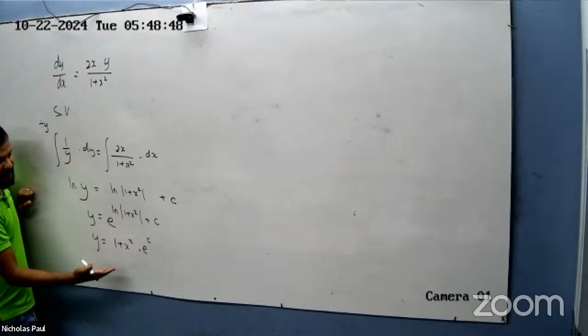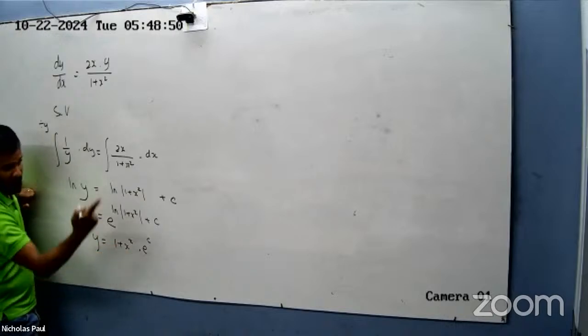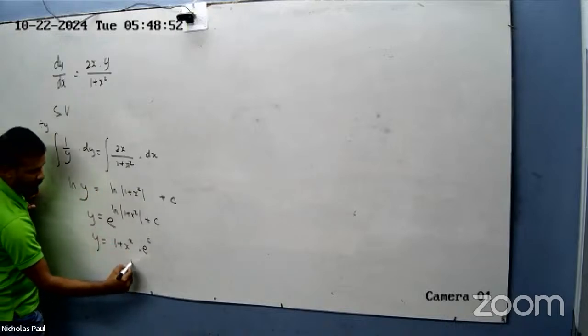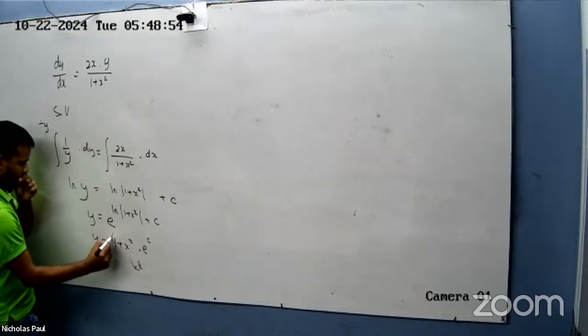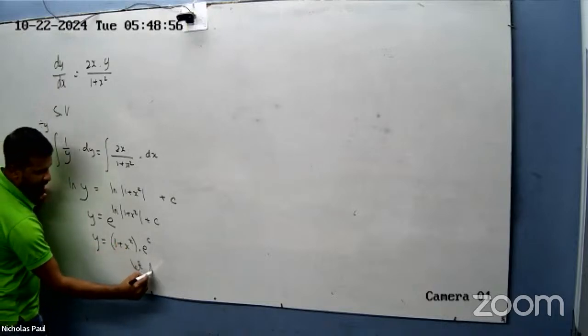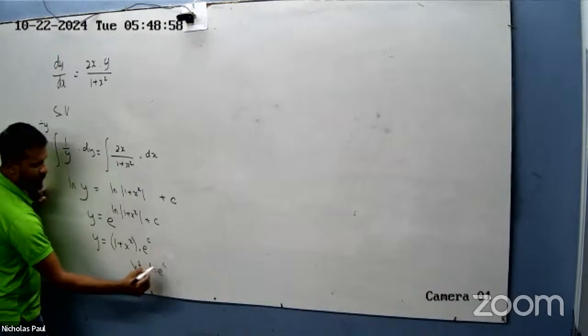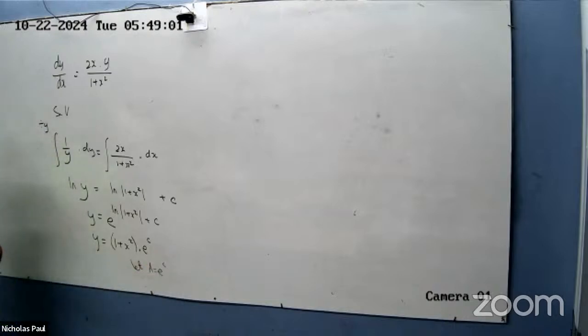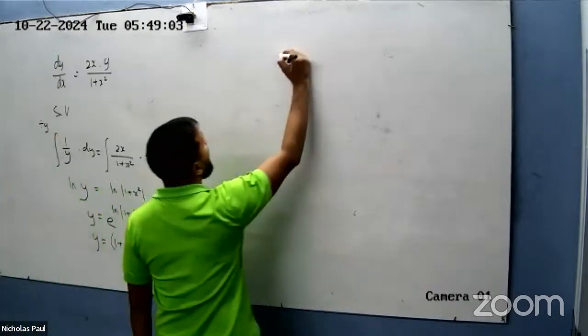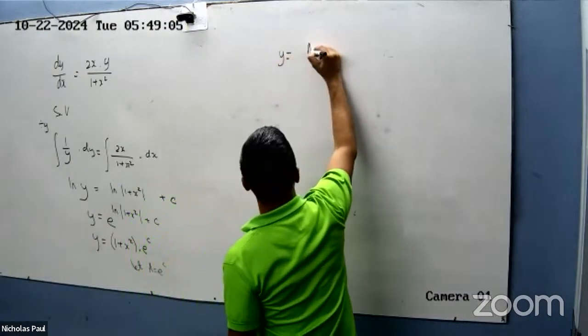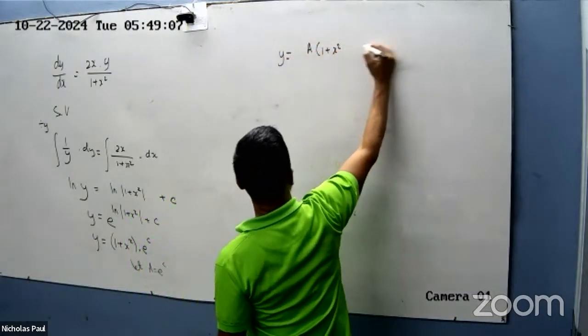And if you want here, you can solve for c, or like what I did a little while ago, I could let A equal to e to the c, just to make it look nicer. So I'll get y is equal to A times 1 plus x squared.